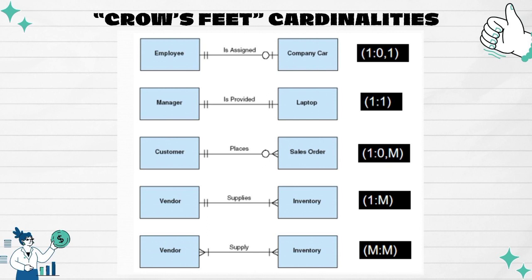Next is example 4, which represents a situation in which each specific item of inventory is supplied by one and only one vendor, and each vendor supplies one or many different inventory items to the company. And lastly, to illustrate the many-to-many association, we again use a vendor and inventory relationship in example number 5.